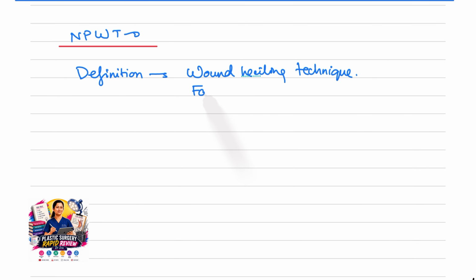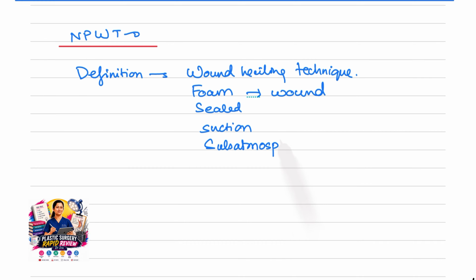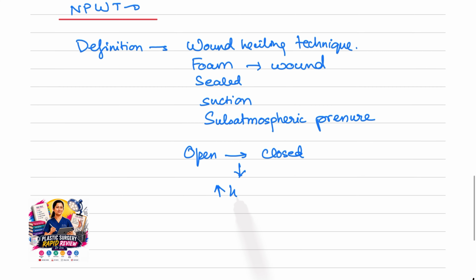A foam material is used which is placed over the wound, sealed with adhesive drape and connected to the suction that applies atmospheric pressure. It converts an open wound to a controlled closed environment, promoting faster healing and wound bed preparation.